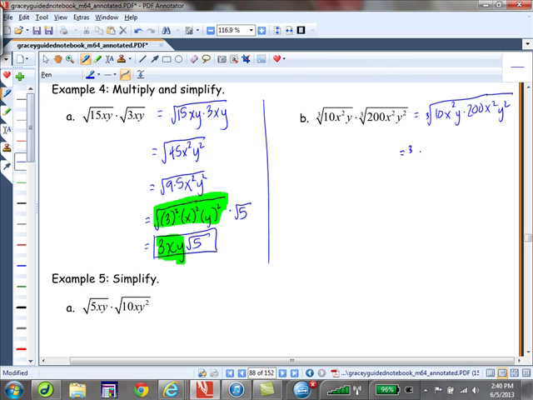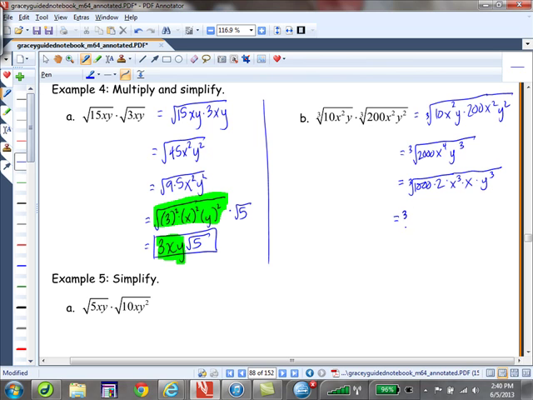So this will be the cube root of 2000 x to the fourth y cubed, which will be the cube root of 1000 times 2. That's my 2000 times x cubed times x. That's my x to the fourth. And then times y cubed.